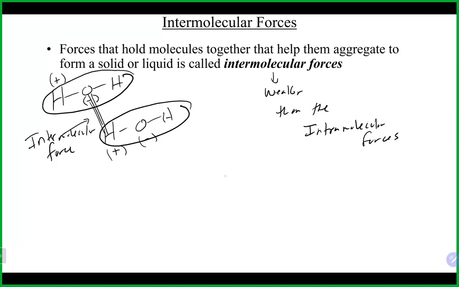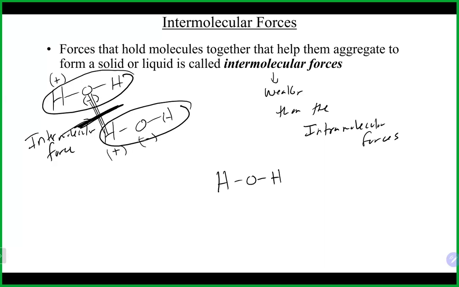We know that because when we look at water as an example, and if we heat water up to boil it, what happens is this intermolecular bond between the two different water molecules is actually the first one to break.